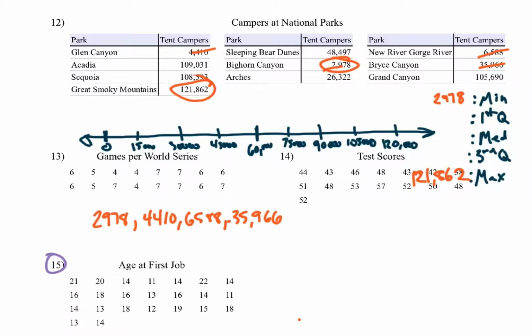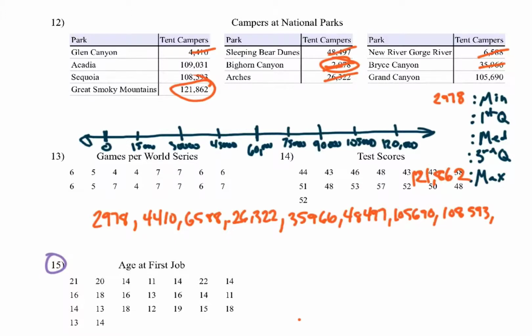Oh, 26 first, huh? 26,322, then 35,966, then 48,497, 105,690, 108,593. I should have scooted things down a little bit, shouldn't I have?